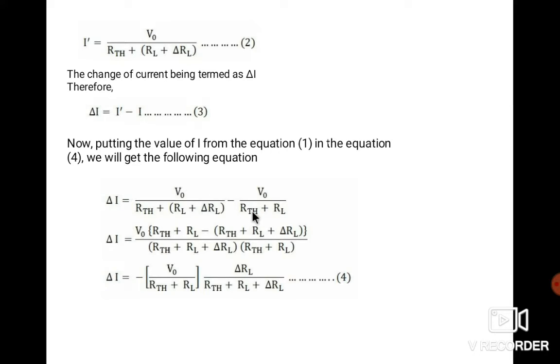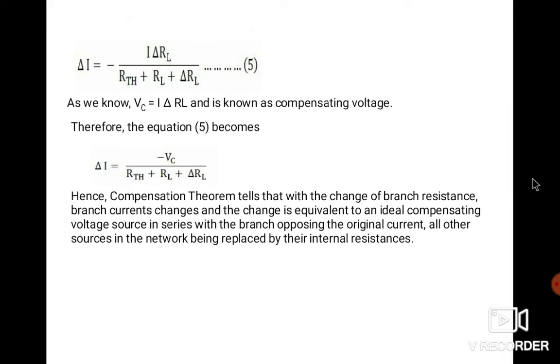Once we have differentiated the current and solved this equation, we find delta I, which has the opposite sign. As you know, the VC is I delta R, as shown in the compensation voltage, therefore equation 5 became like this.